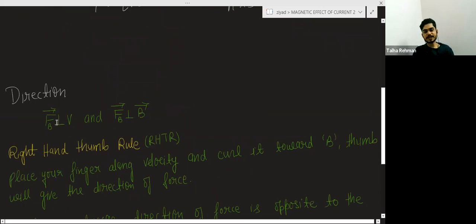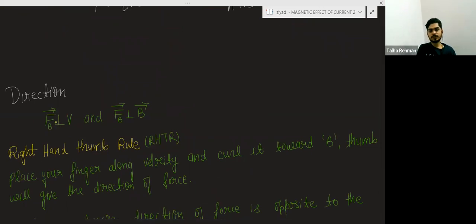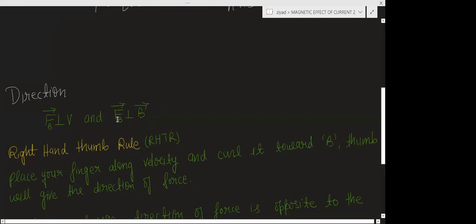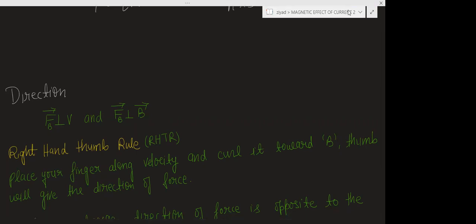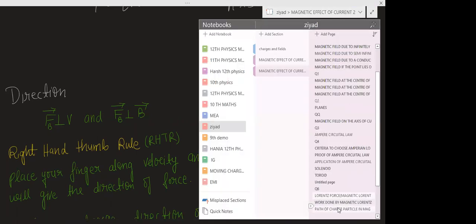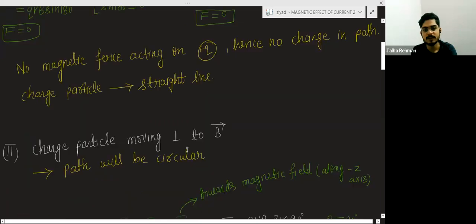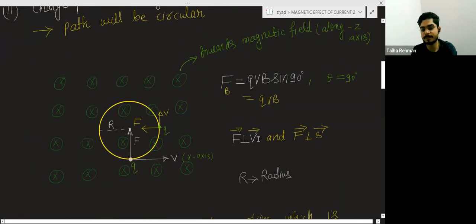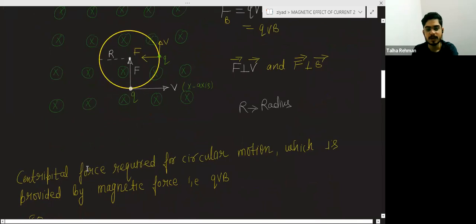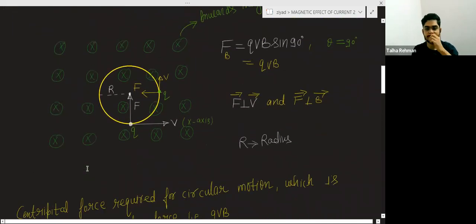The direction of the magnetic force will always be perpendicular to the direction of the velocity, and also perpendicular to the direction of the magnetic field. So here your force will be perpendicular to the velocity of the charged particle and perpendicular to the magnetic field. Simple.